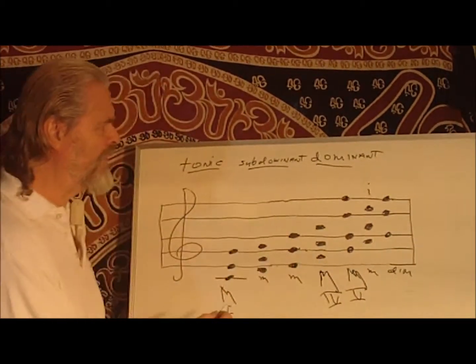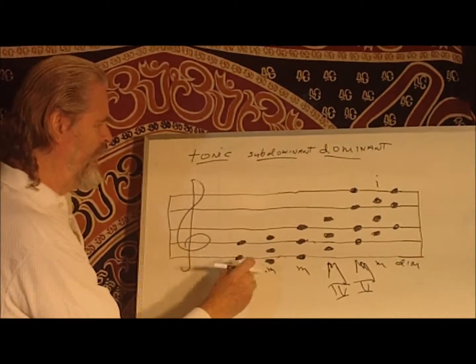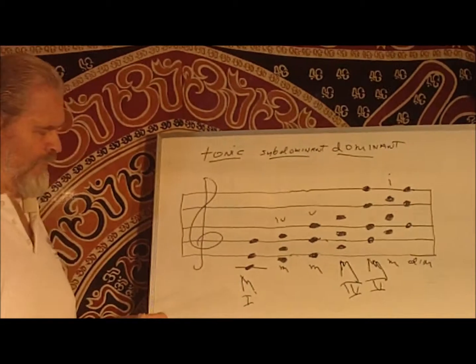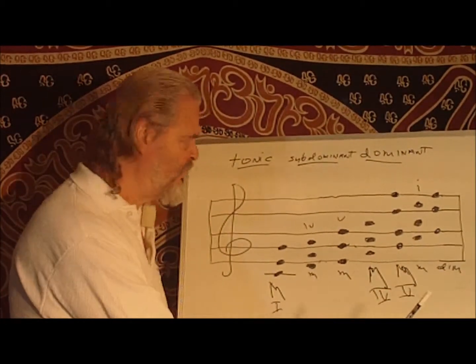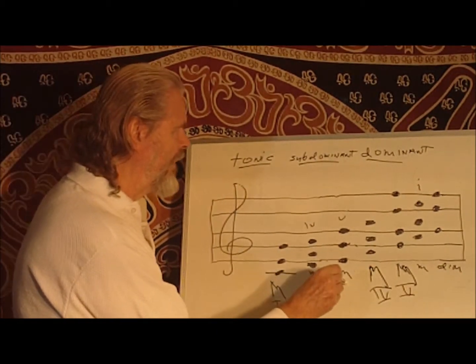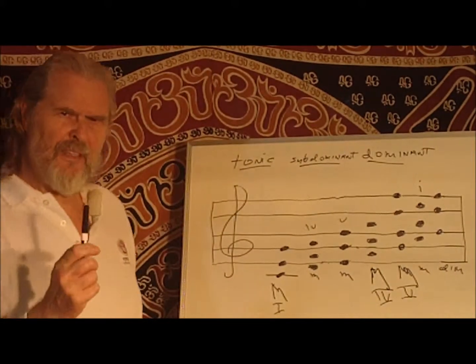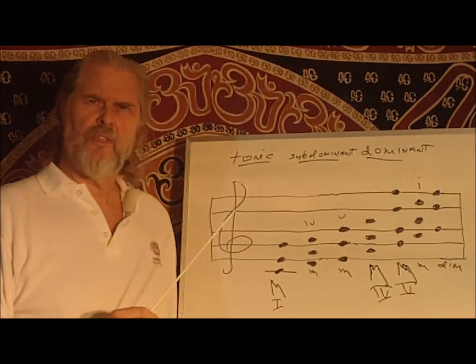We're going to count that as the 1. B would be 2, C would be 3, this would be 4, and this would be 5. So this would be your tonic, A minor, D subdominant, E dominant. Now E, I didn't say minor, even though here it is minor.